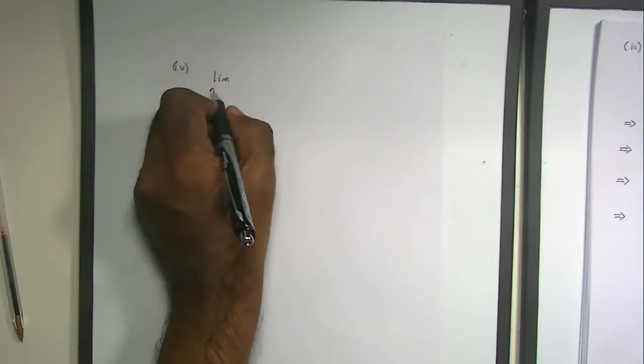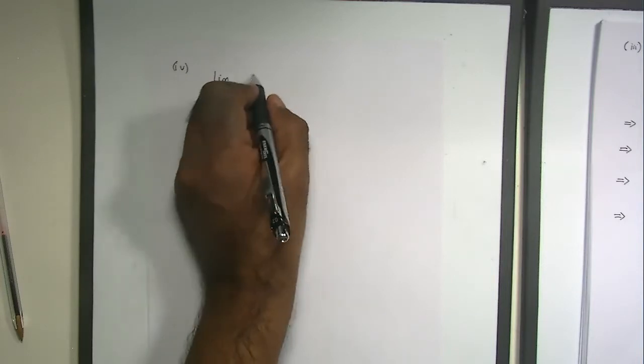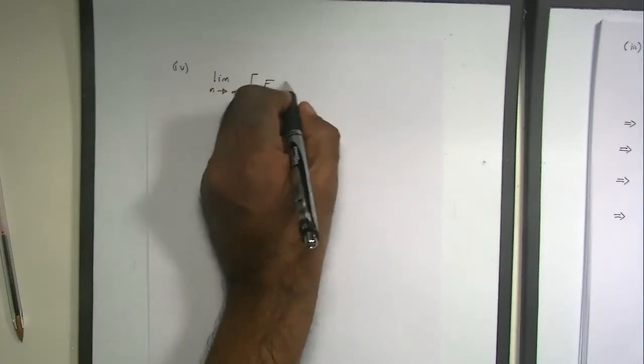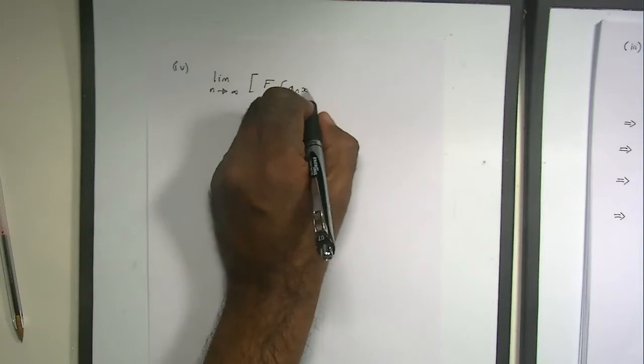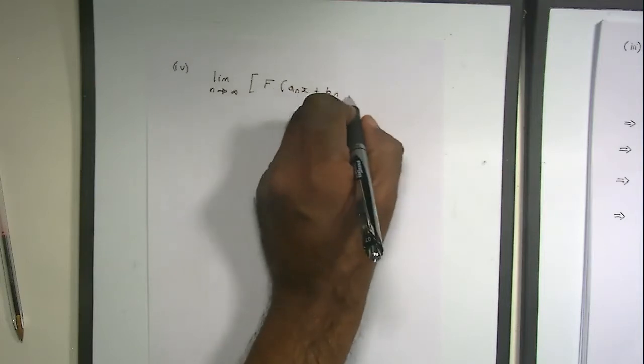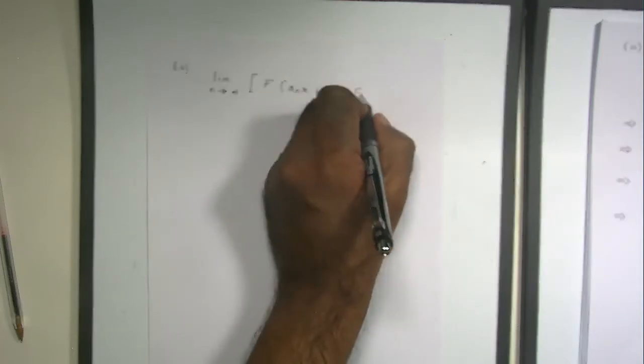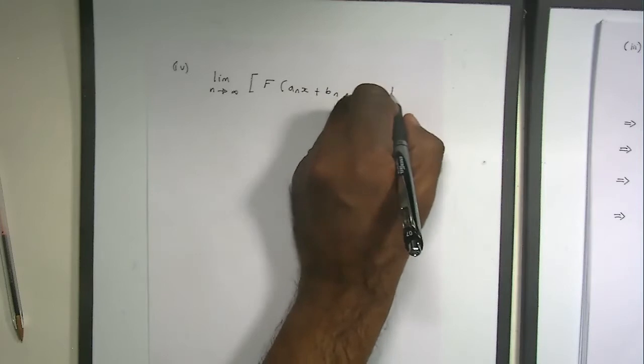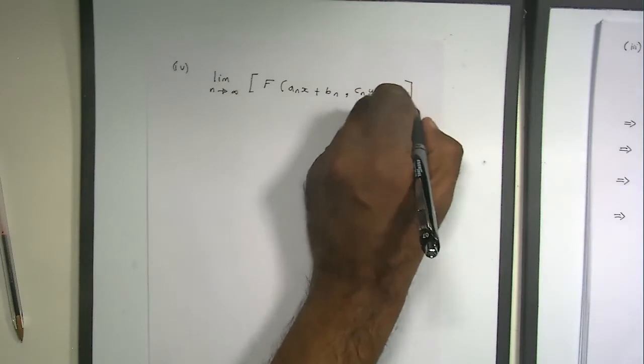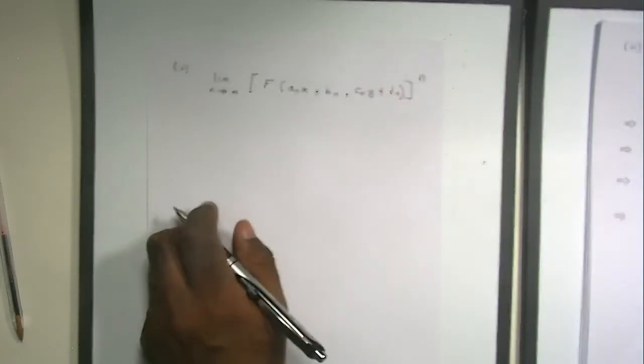The last step is step number 4: to find the limit as n goes to infinity of F to the power n.